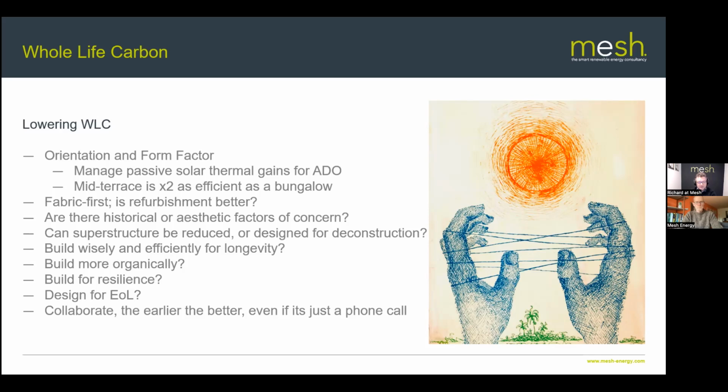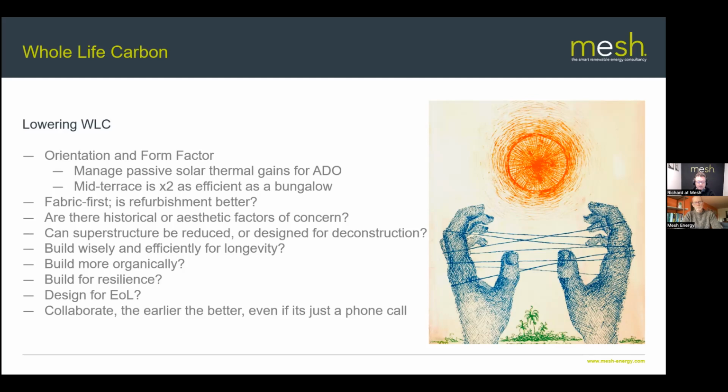And ask yourself, with Fabric First and the AJ initiatives over the last year or so, is refurbishment better? And that becomes when I'll introduce you to some emerging policy and why that question is particularly important.